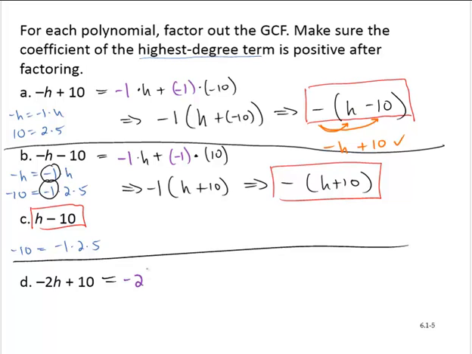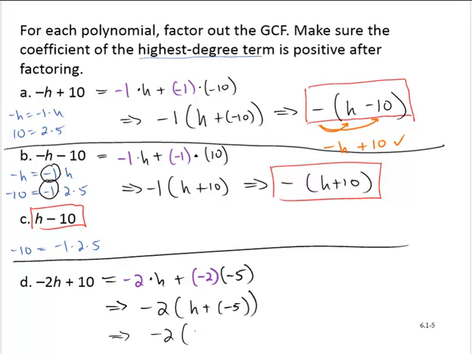So I have negative 2 times h plus negative 2 times negative 5. So I can write that as negative 2 times h plus negative 5, or more simply, negative 2 times the quantity h minus 5. And that is the factored form that we want.